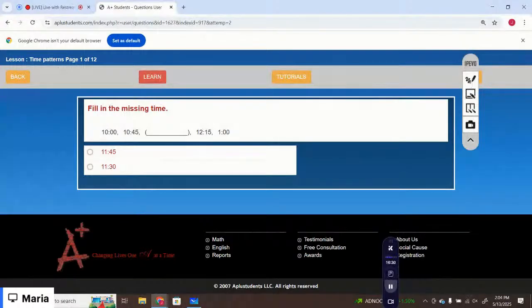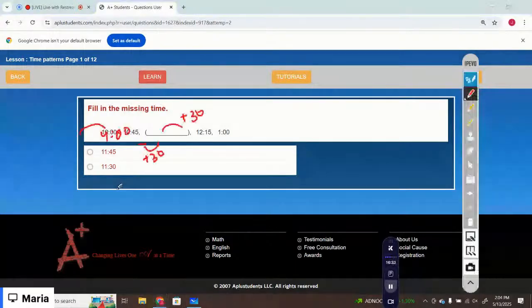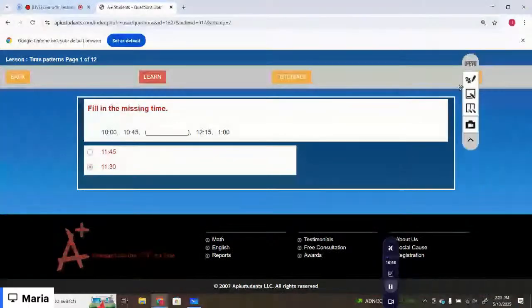The time is increasing by 45 minutes. So if you add 45 minutes to 10:45, that would be 11:30. Option number 2 is the correct option.